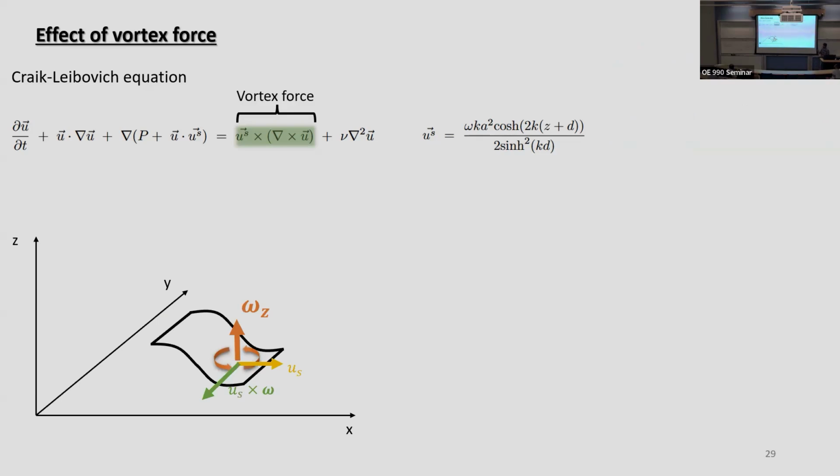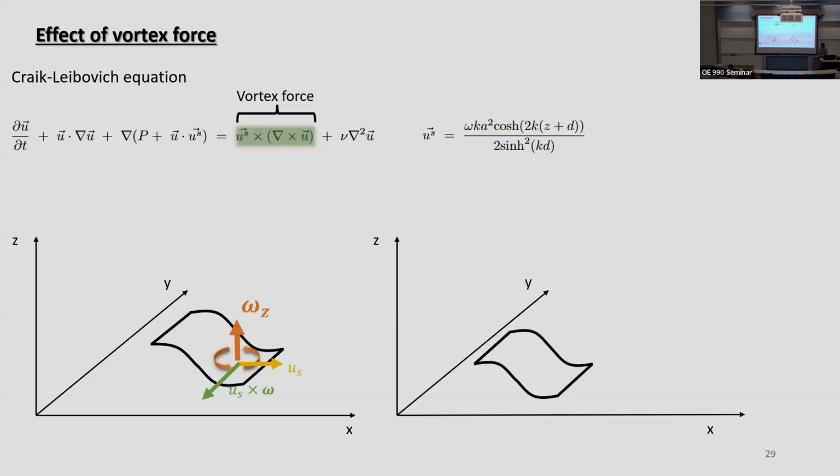The Stokes drift velocity is preferentially oriented in the spanwise direction. Omega z is preferentially in the vertical direction. If you take a cross product of it, it would be oriented in the cross-tank direction, Us cross omega. Now, what else does that do? Let's say we calculated our vortex force from right here, and the spanwise distribution of it looks something like this.